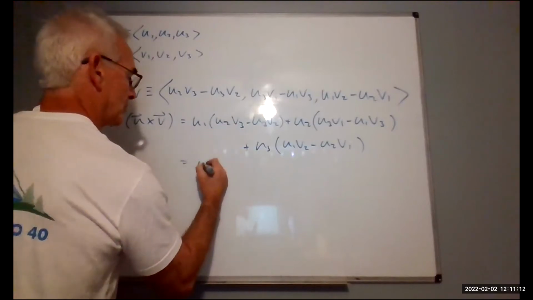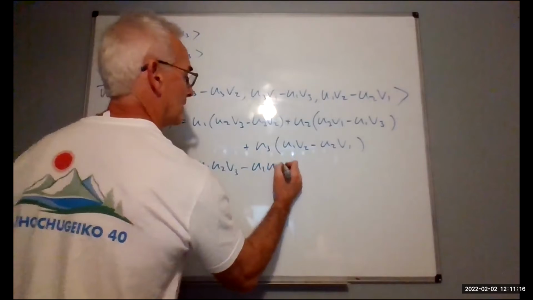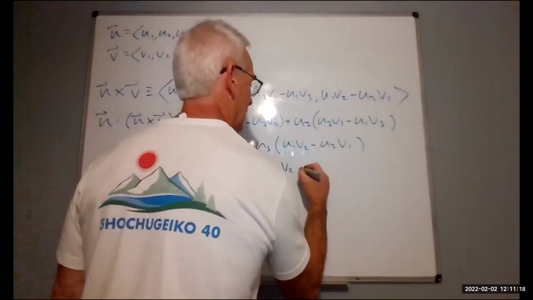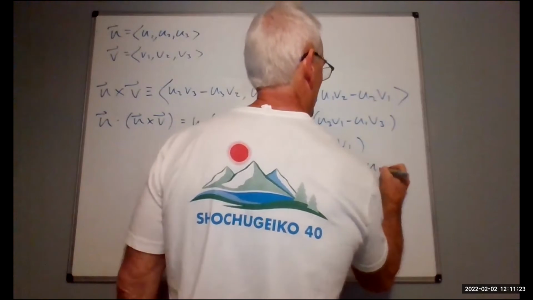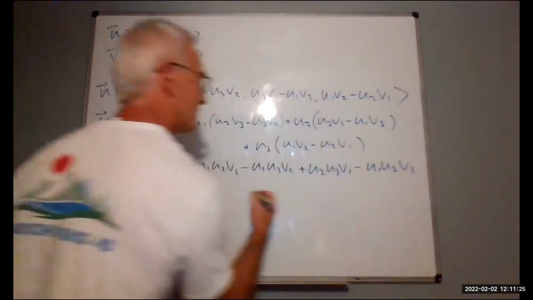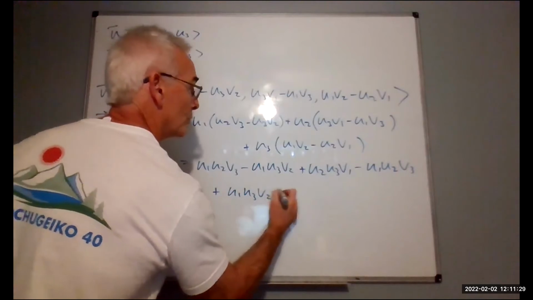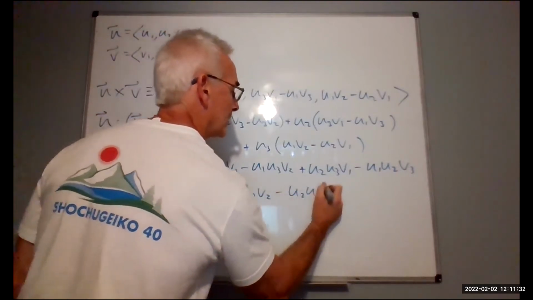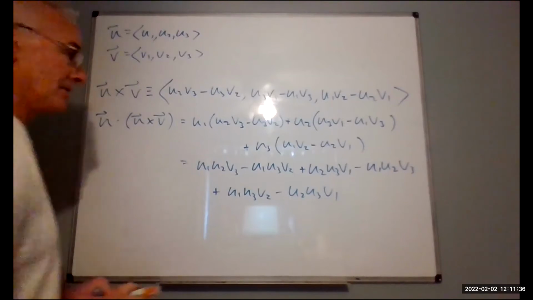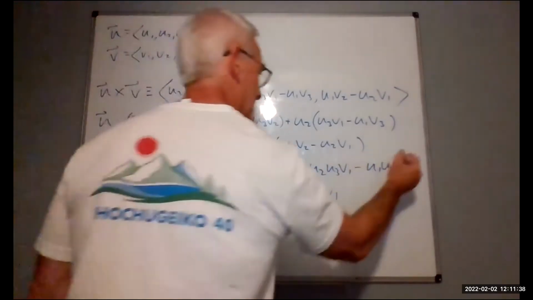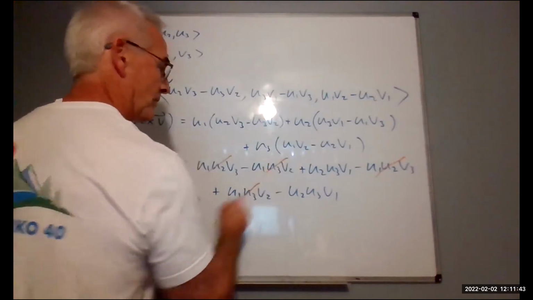So the first one's going to be U1 U2 V3 minus U1 U3 V2 plus U2 U3 V1 minus U1 U2 V3 plus U1 U3 V2 minus U2 U3 V1. Yikes, that's a lot of stuff. Well, let's see. This and this, those cancel. This and this, those cancel.